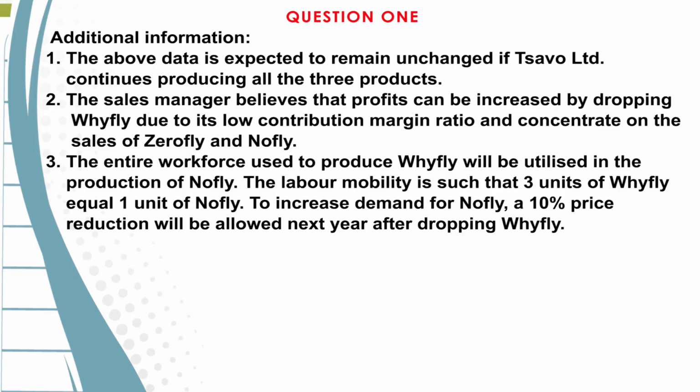We read, to increase demand for Wi-Fi. Because you can see here, candidates, the number of units have gone up by 60,000. Or is it 50,000? So to increase demand for this product, a 10% price reduction will be allowed next year after dropping Wi-Fi.